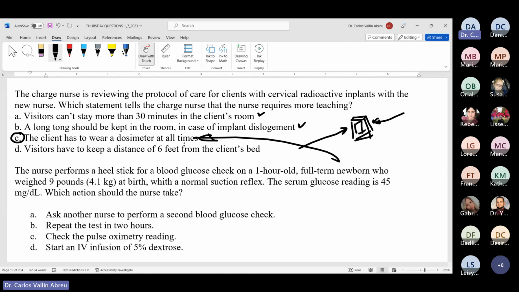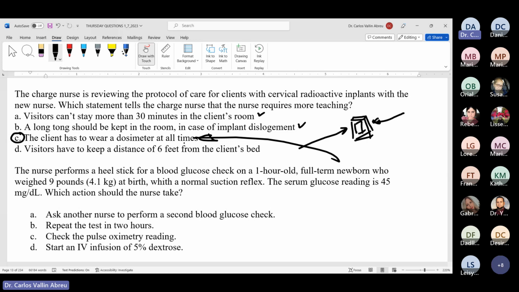The problem is that with the implants that emit radiation, we nurses, doctors, CNAs, housekeepers, whoever enters the room of those clients, are receiving a certain amount of gamma radiation. And there is a limit, an amount of radiation that is safe.